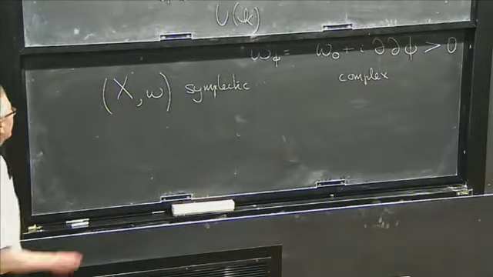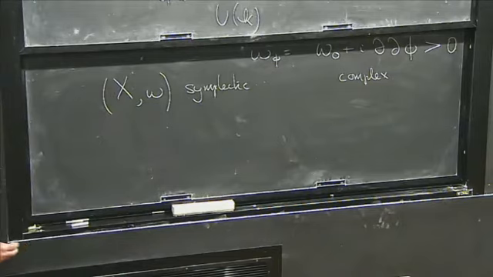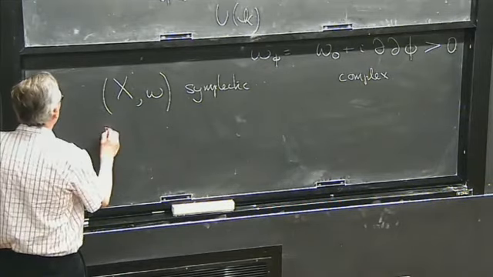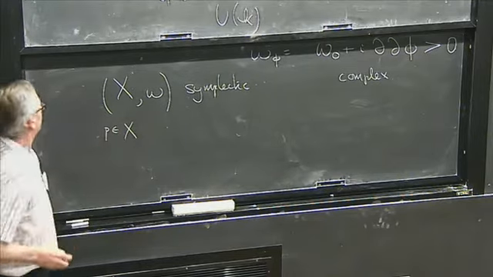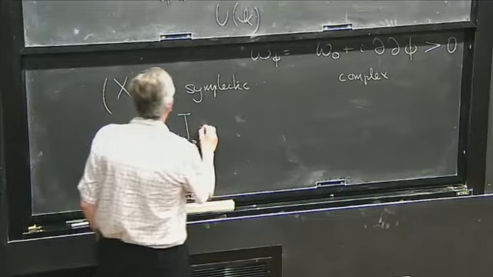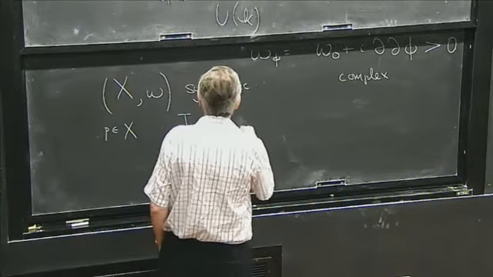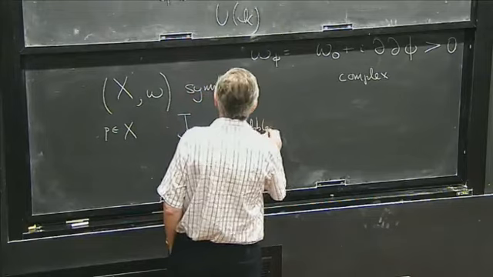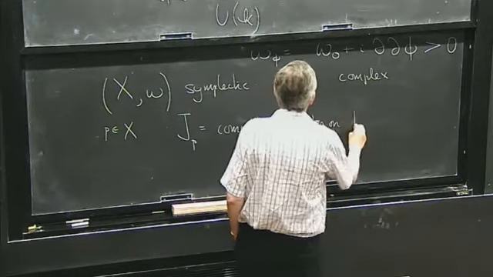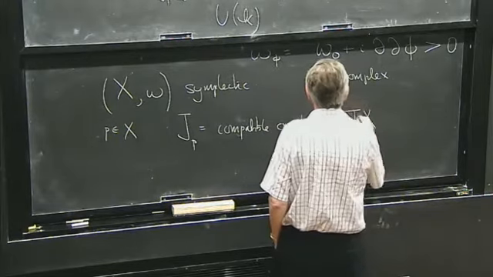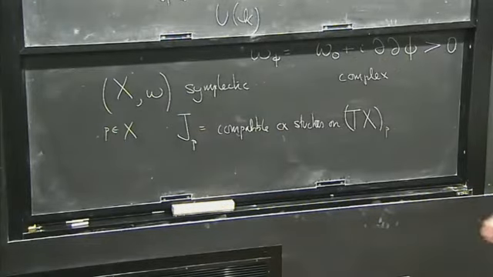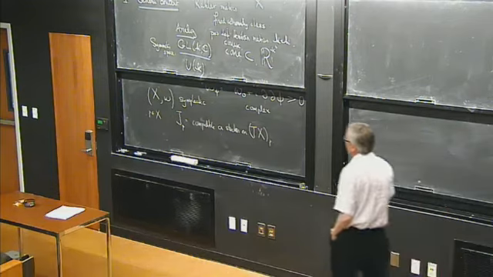So a different way of setting things up is to define, at each point P in X, a space, say J sub P, of the compatible complex structures on the tangent space of X at P, compatible with our fixed symplectic form.